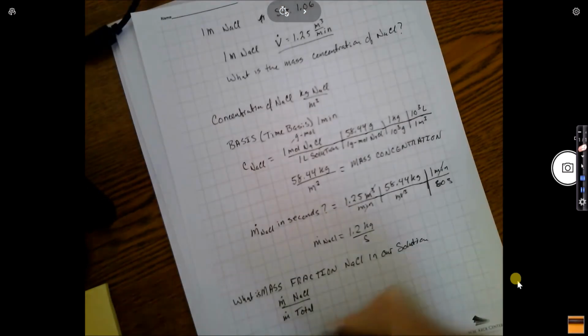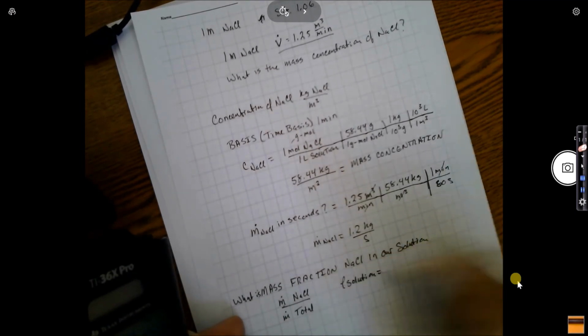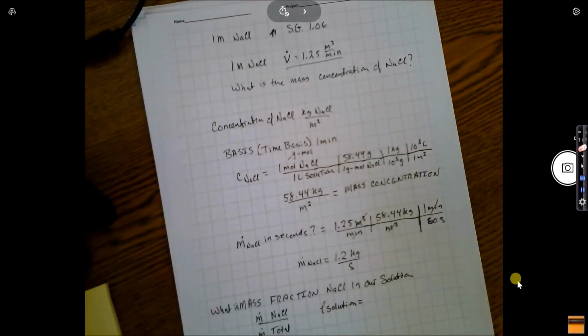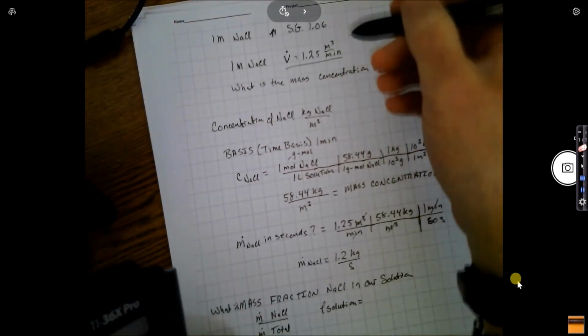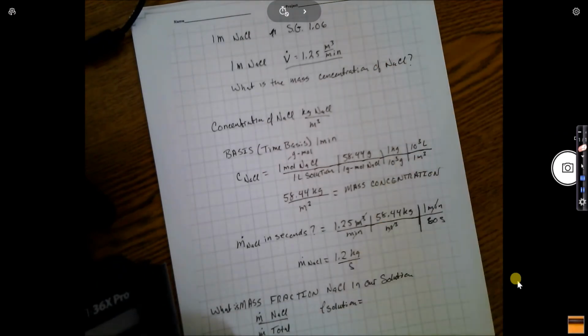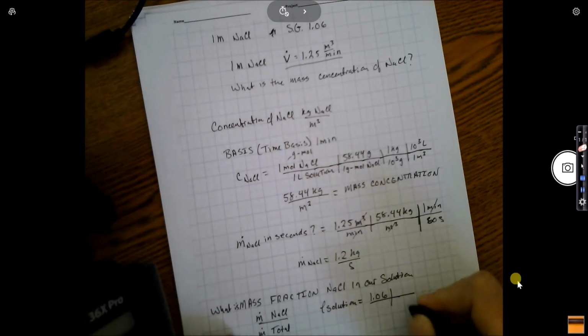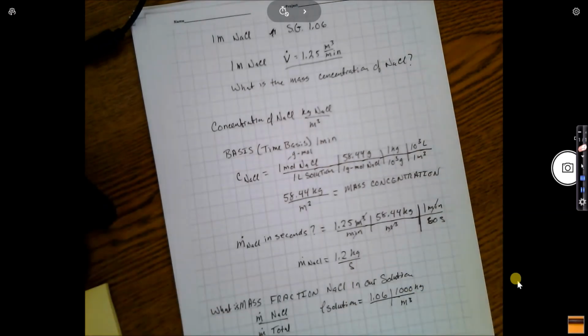We want the density of our solution in terms of kilograms and meters, because those are the units we're dealing with for this problem. If we were dealing in grams and centimeters cubed, we'd multiply by 1 gram per centimeter cubed. But in this case, we do 1.06 times 1,000 kilograms per meters cubed. So 1.06 times 1,000 is 1060.